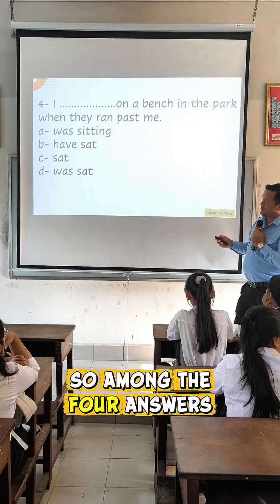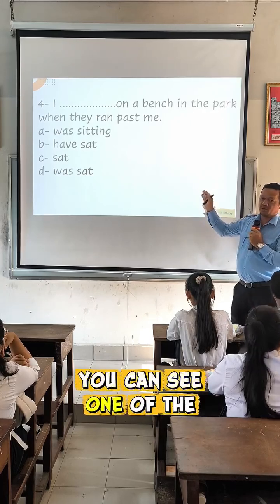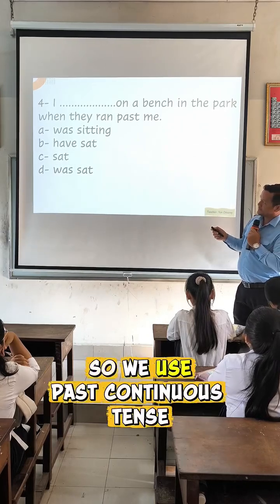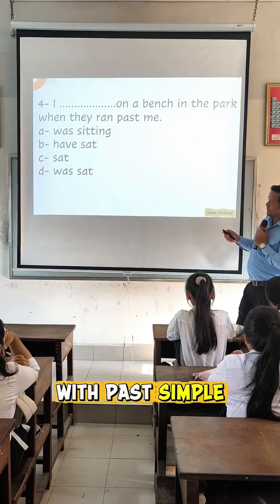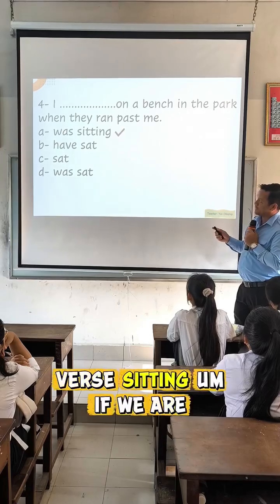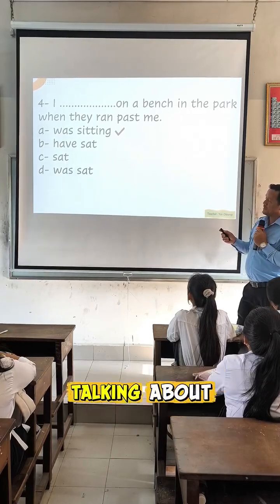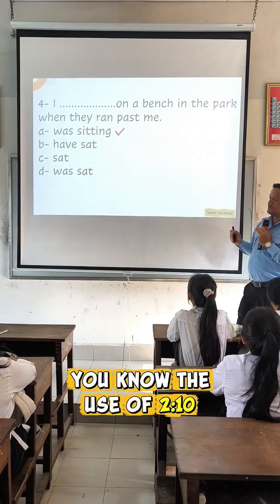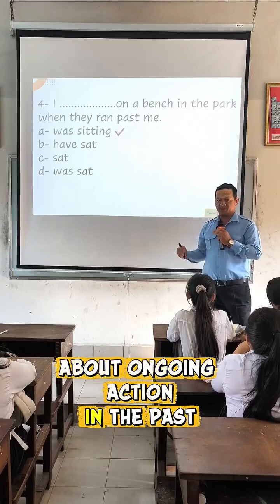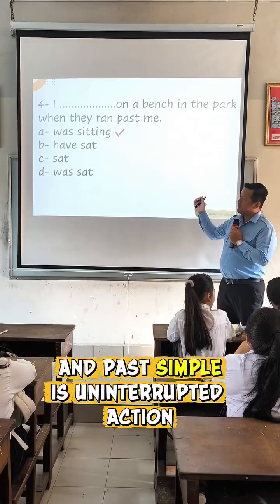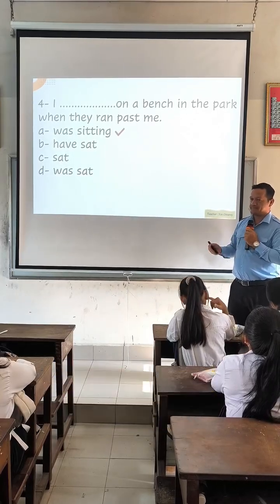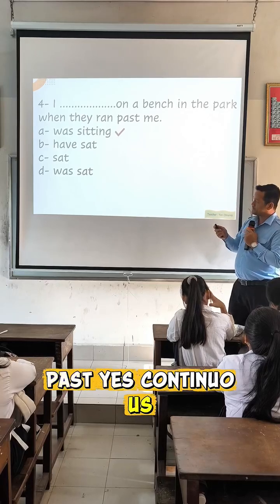Among the 4 answers here, you can see past continuous tense. So the correct answer is letter A, was sitting. We use past continuous to talk about an ongoing action in the past, and past simple is the interrupting action that happened in the middle of it.